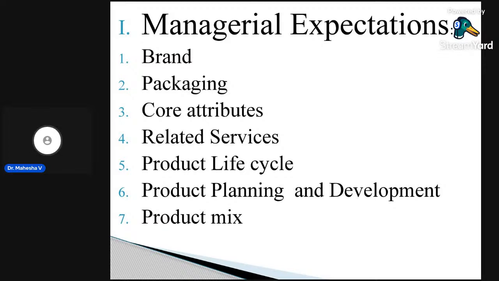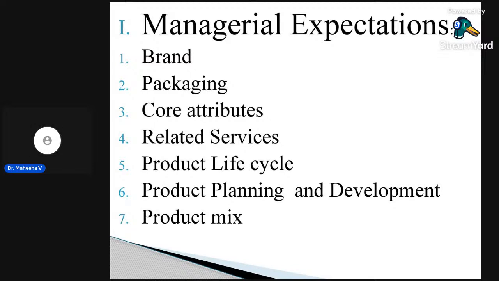Through packaging also, you sometimes need to attract customers and thereby make your product sell in the market. On the other hand, what would be the probable expenditure the company is going to incur for packaging? These are the two important things the management is expecting. One is the probable cost they are going to incur for a particular package they select for their product.